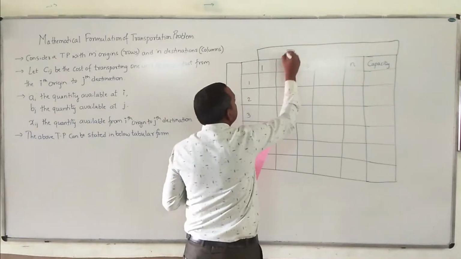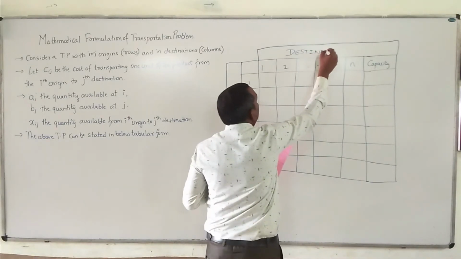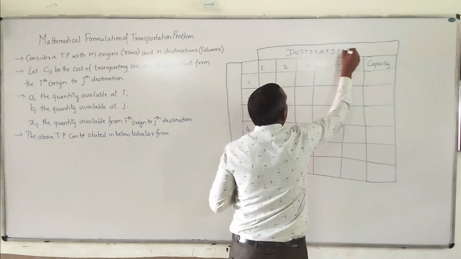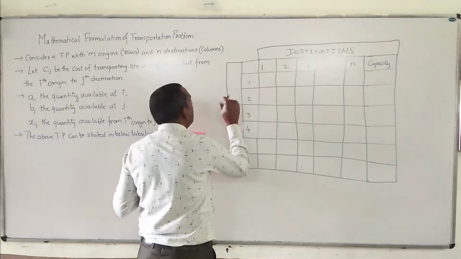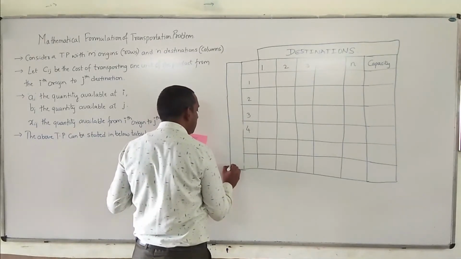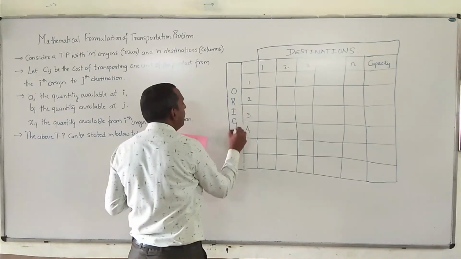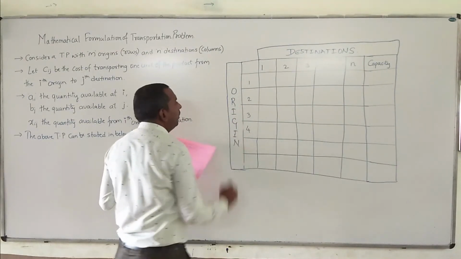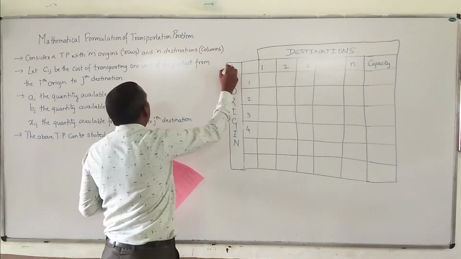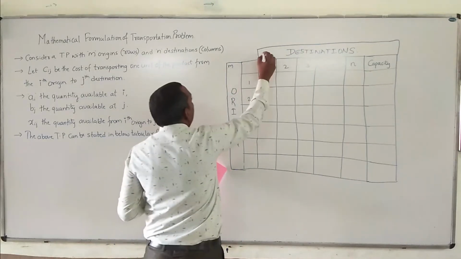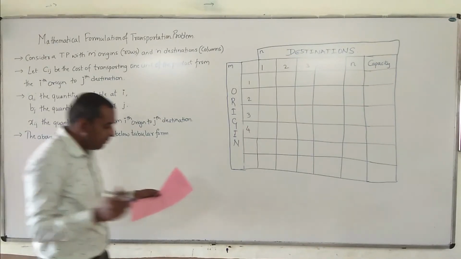These are all called destinations, and these are called origins. So origin is considered as m here, that is rows, and destination is considered as n, that is columns. Fine. So let me draw this.